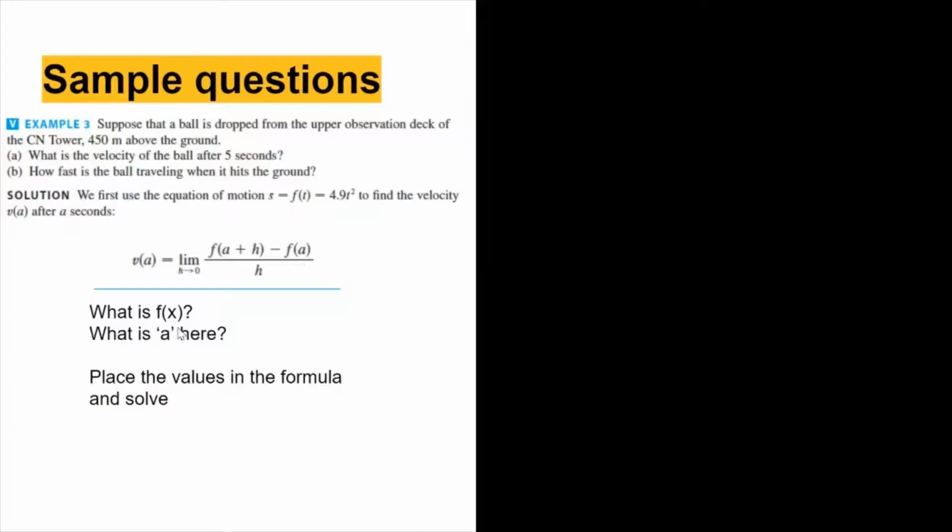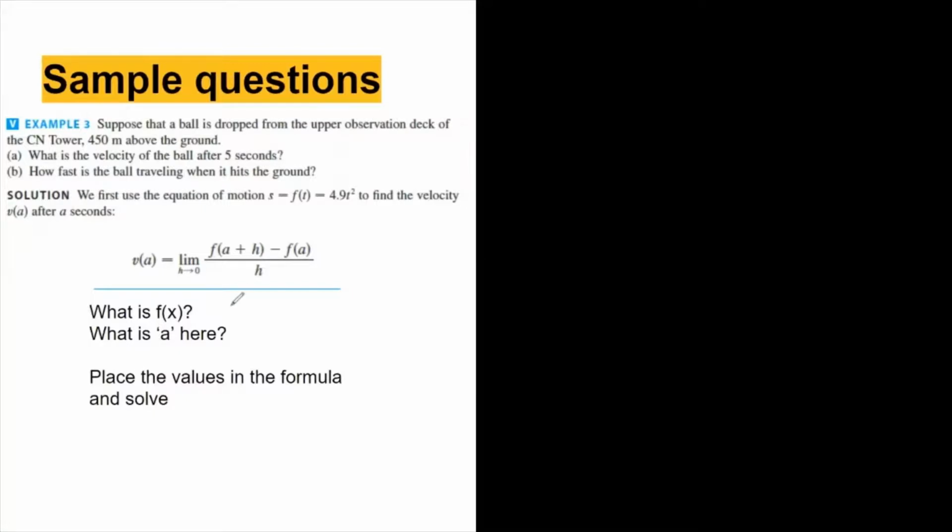When it comes to velocity, most frequently distance has the formula of 4.9 t squared. If you look at the physics, 4.9 is technically acceleration due to gravity divided by 2, using the equations of motion. However, for the sake of calculus, we'll just need to put in this formula, 4.9 t squared.